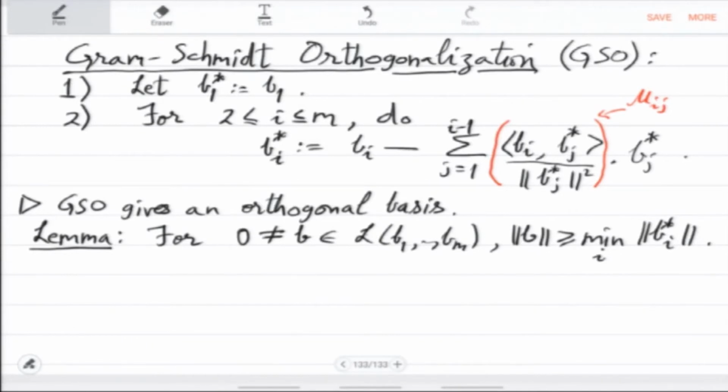This is the claim. So this relates the length of the vectors in the lattice to what you get after GSO.